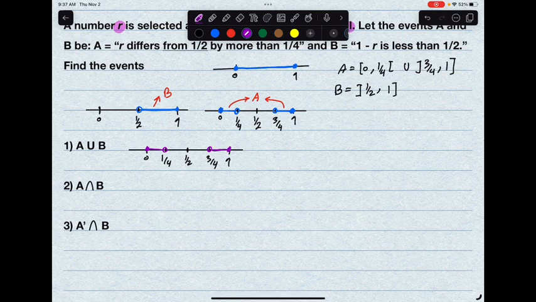What about B? B is from 1 over 2, not included, to 1.